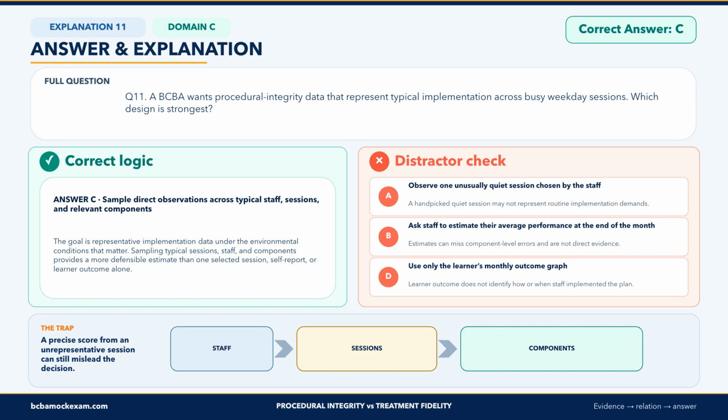A hand-picked quiet session may not represent routine implementation demands. B. Estimates can miss component-level errors and are not direct evidence. D. Learner outcome does not identify how or when staff implemented the plan. Representative integrity data must sample the people, sessions, components, and constraints relevant to implementation.